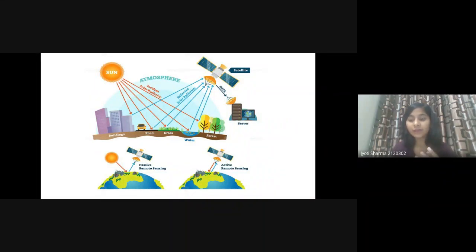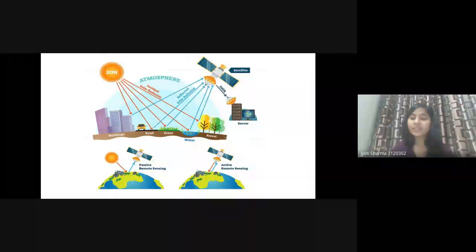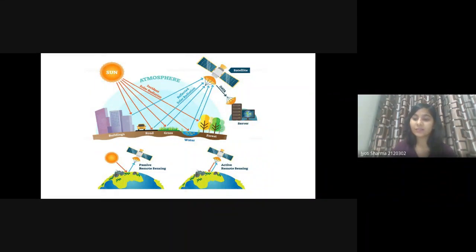We have to give the radio wave to the surface, to the earth. This can happen only in active remote sensing, but not in passive remote sensing, because in passive remote sensing only the sun is giving you the radiation, mostly some part of ultraviolet, some part of visible, and some part of near infrared radiation. So we may get very half knowledge about things.